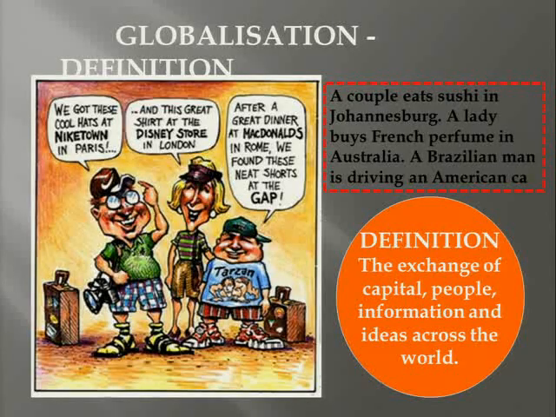We're able to eat KFC in South Africa because of globalization. Because there's an exchange of ideas, capital and information across the world. So if we have to explain globalization, we're saying it's the exchange of capital, people, information and ideas across the world.